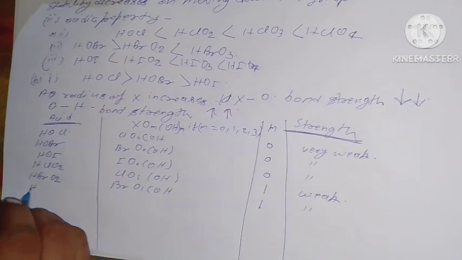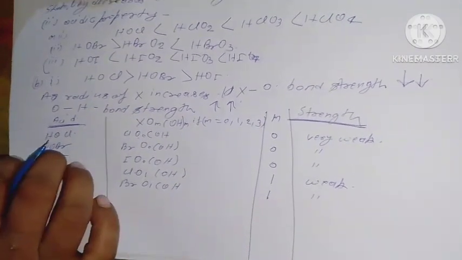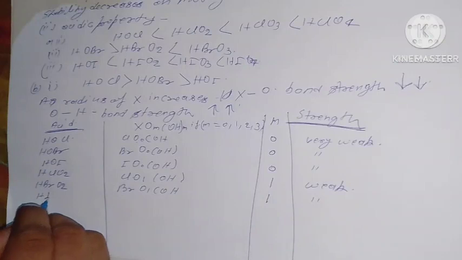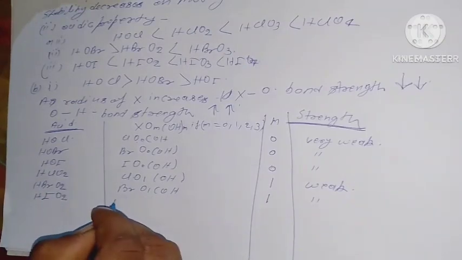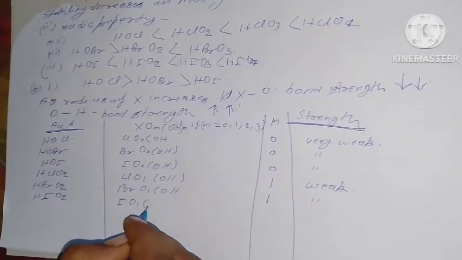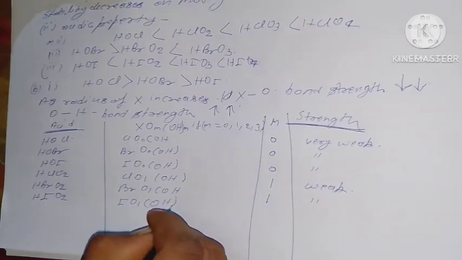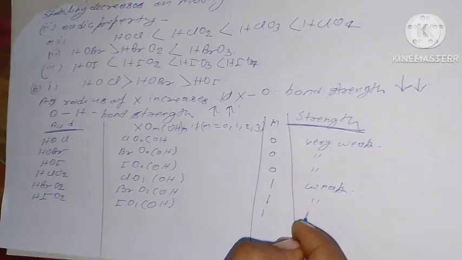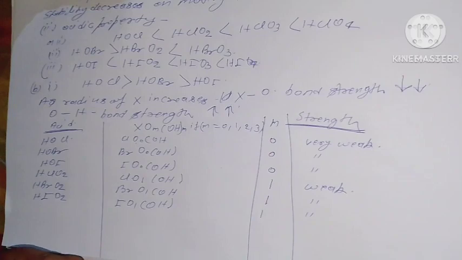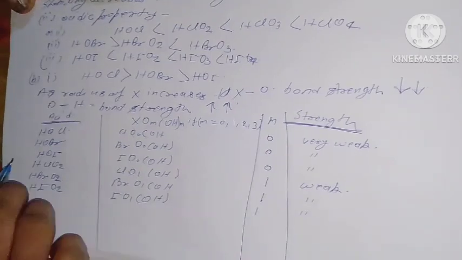And HIO2, that is IO1OH, that is 1, and this compound is weak.